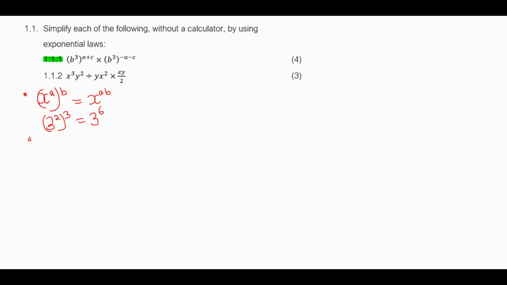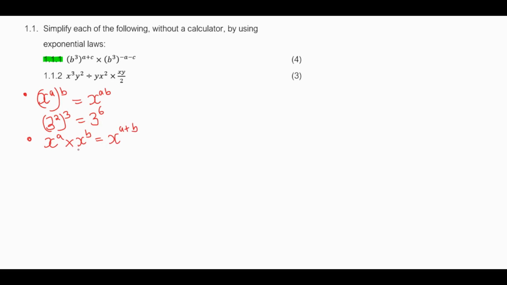And then the other one: when multiplying powers with the same base, we add the exponents. Let's say we have x to the power a times x to the power b. This is equal to x to the power a plus b.